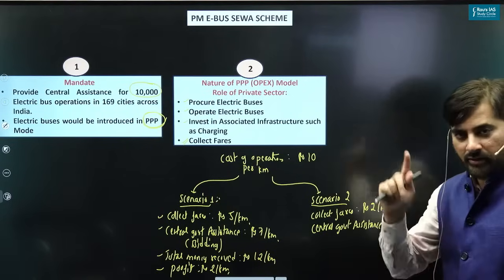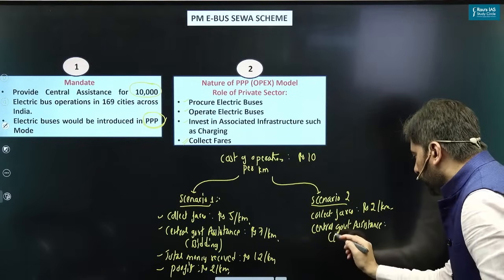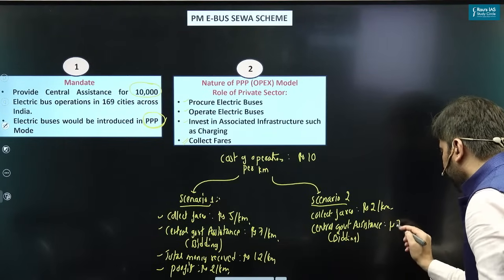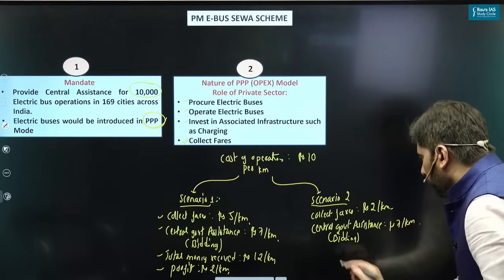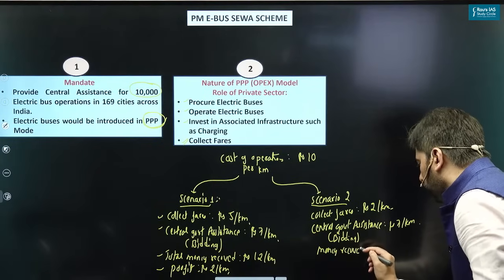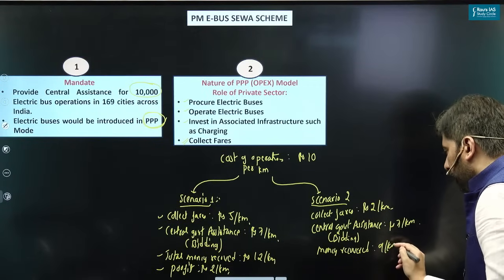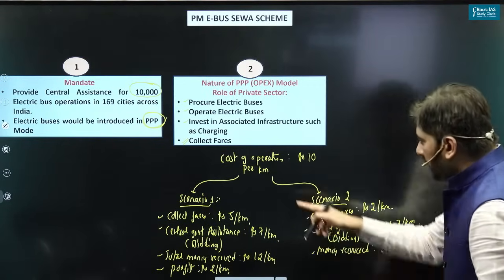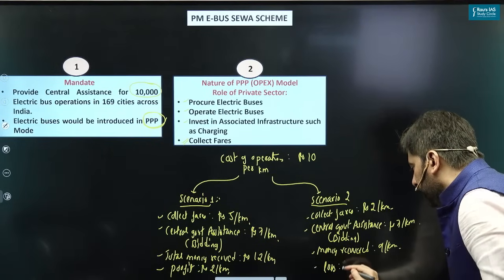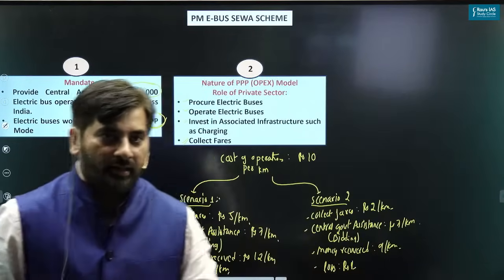Please remember, irrespective of fares, the central government assistance is always fixed, and that is determined through bidding. In this case also, the central government will provide assistance of rupees 7 per kilometer. So total money recovered in this particular case is 7 plus 2, which is 9 rupees per kilometer. And here its cost of operation is rupees 10 per kilometer. So here it is incurring a loss of rupees 1.